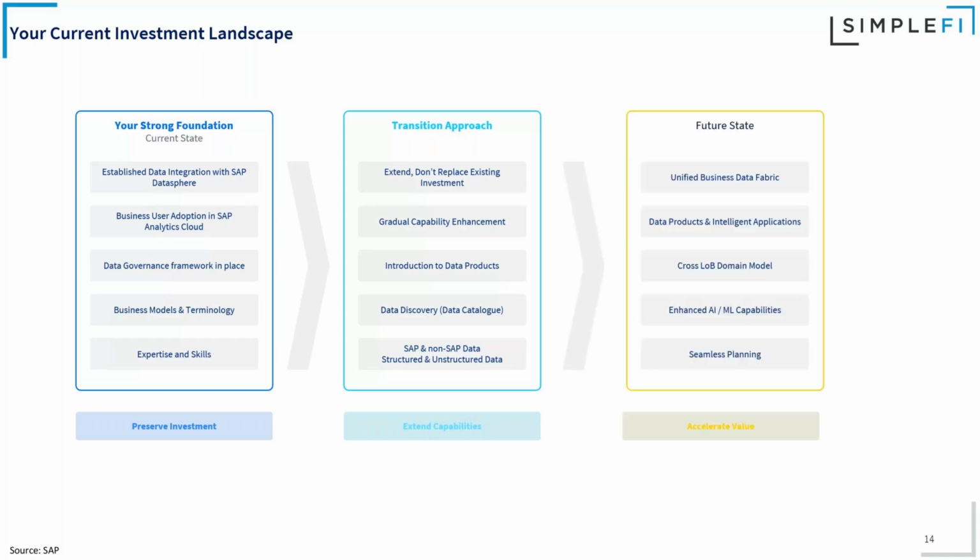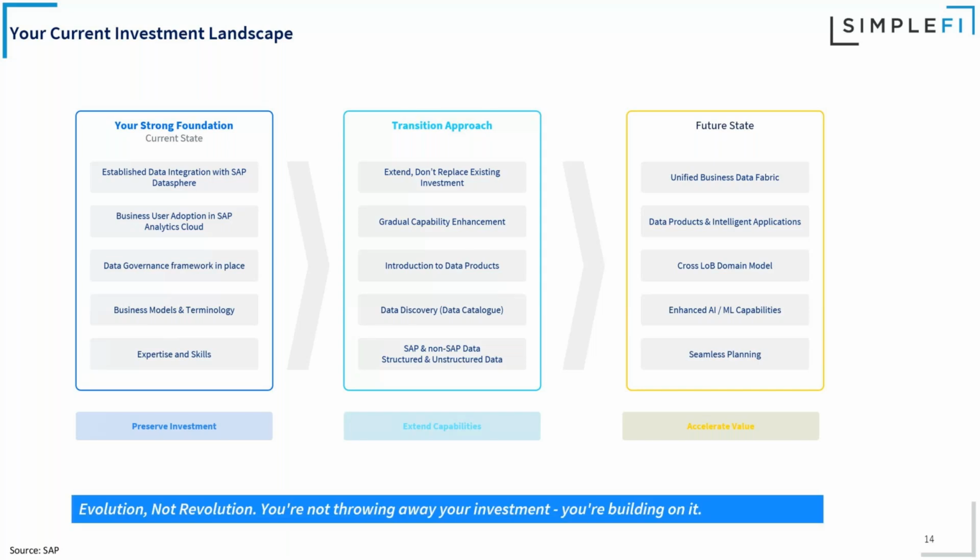And then as the next step, again, we're building on what we have. We're bringing in multiple important topics such as Databricks. We start working on enhancing our AI and ML workflows by, instead of moving data from, let's say, for example, BW to Datasphere, and from Datasphere into Databricks, actually sharing the information.